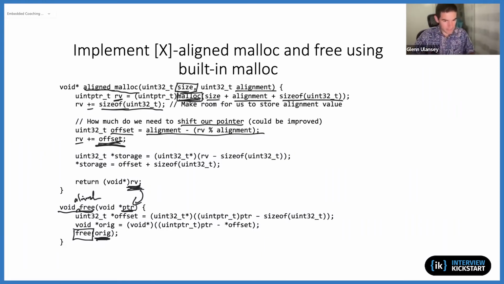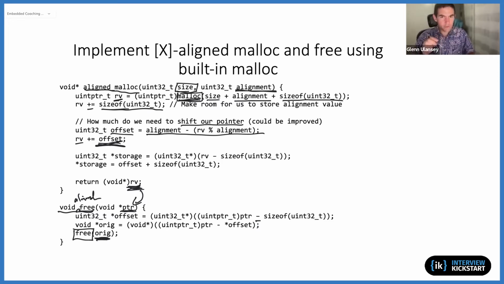And this ends up being a non-trivial thing to do, because within free, it's very difficult to figure out what do we go back to? We don't know what the alignment request was within free, because free just contains the pointer. The alignment requirement was only specified in the malloc. So we don't know how many bytes to subtract within free, just given that pointer.